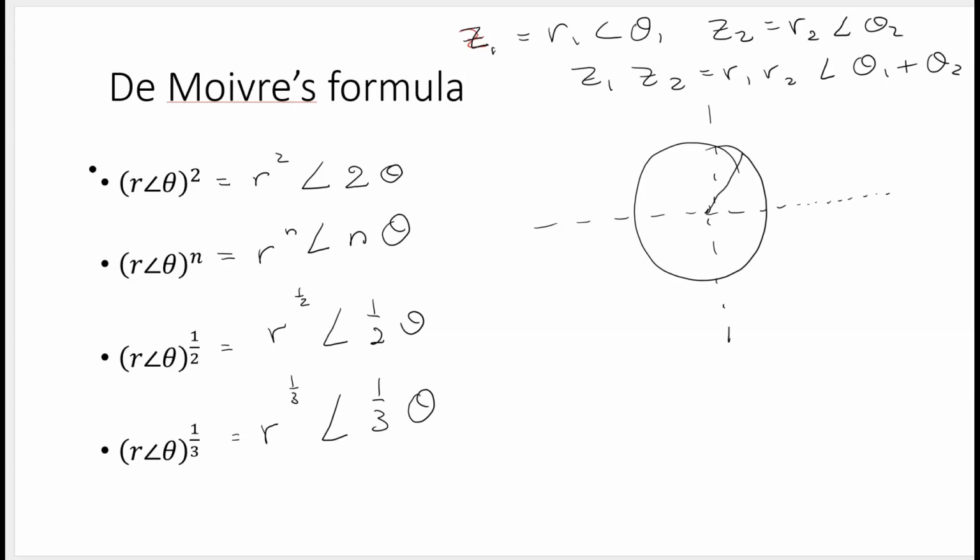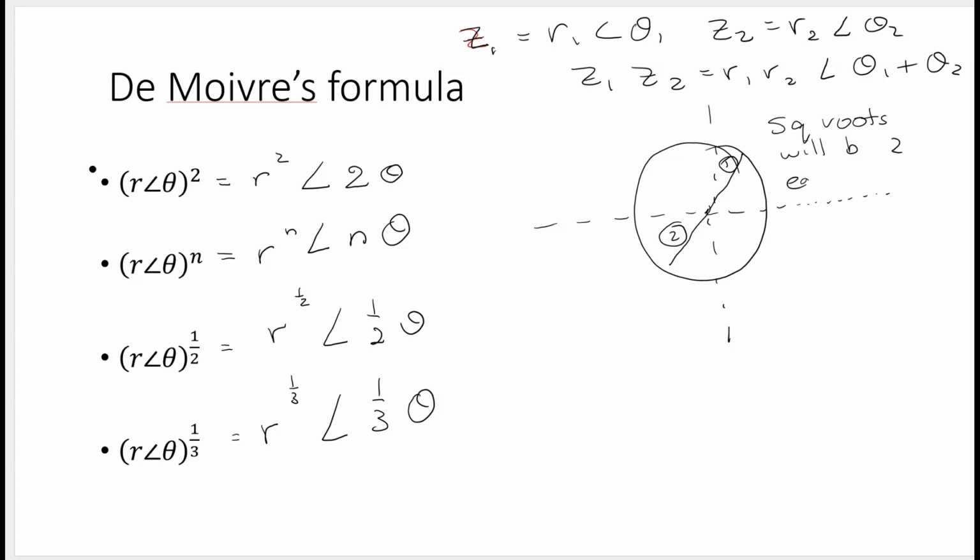With square roots, there are going to be two of them. If we're drawing them, they're going to be equally spaced around the circle. So there's one root and there's the other root.